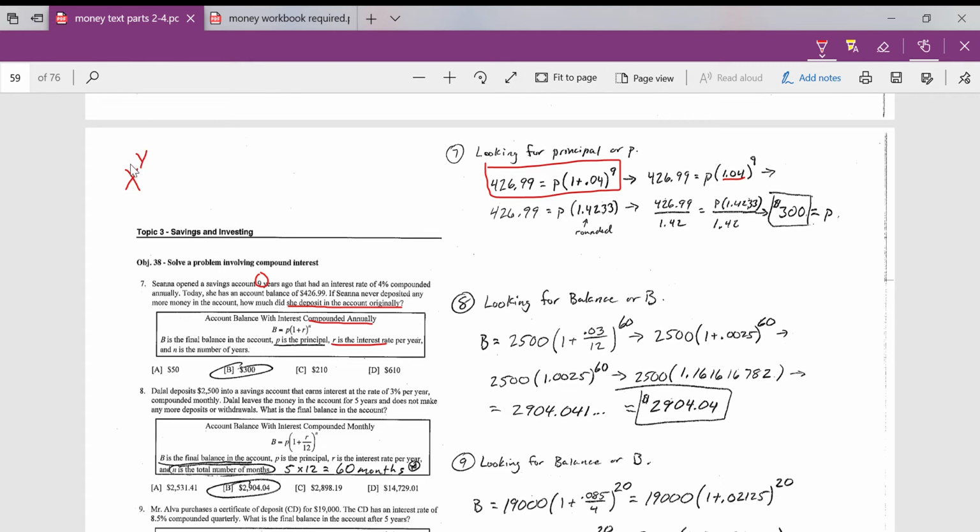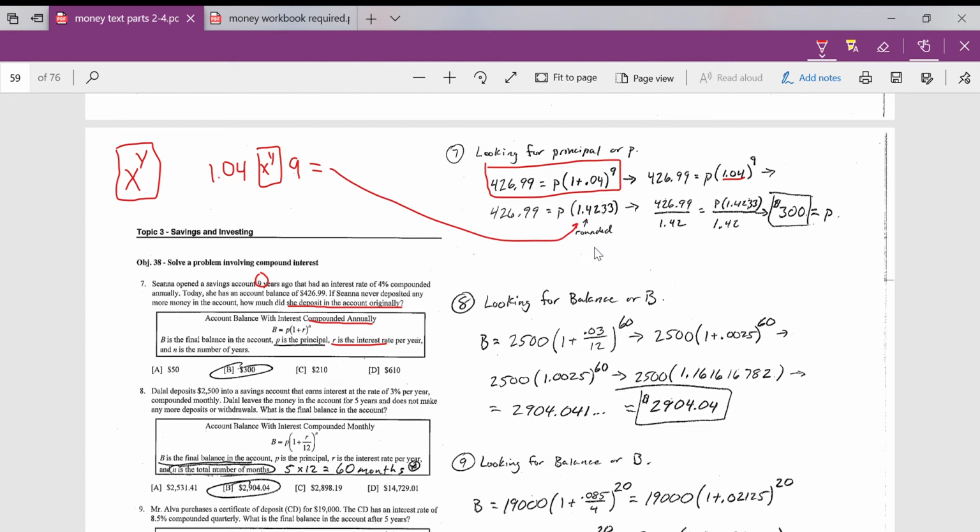So if I wanted to do this right here, I'd type in 1.04, then I would hit my button that looks like this, and then I would hit what my exponent is.